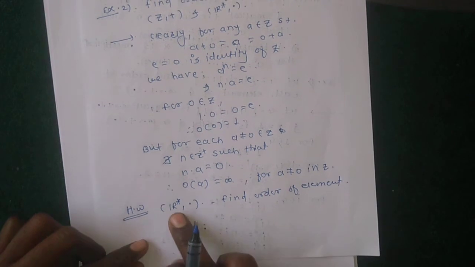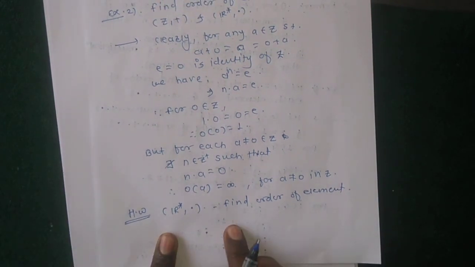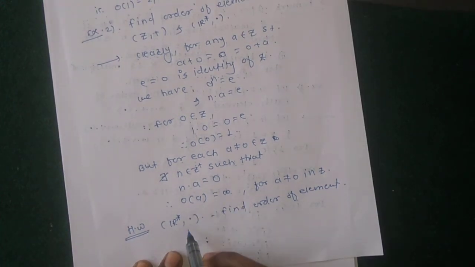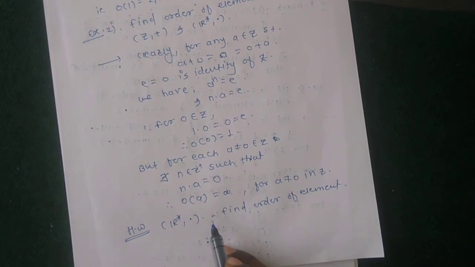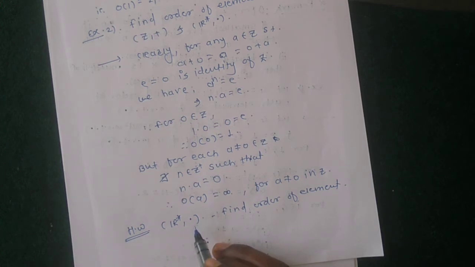Here in R star, 1 has order 1, because the identity is 1, and 1 into 1 equals 1 raised to 1. Since this group is with respect to multiplication, we find the smallest positive integer n such that a raised to n equals the identity in the set of non-zero real numbers, where the identity element is 1.